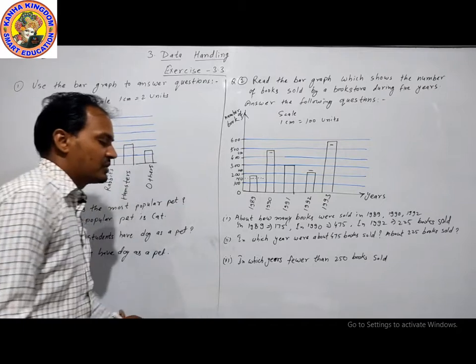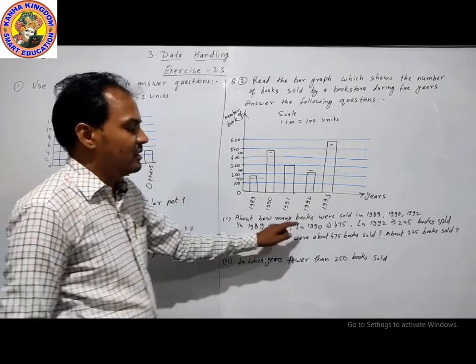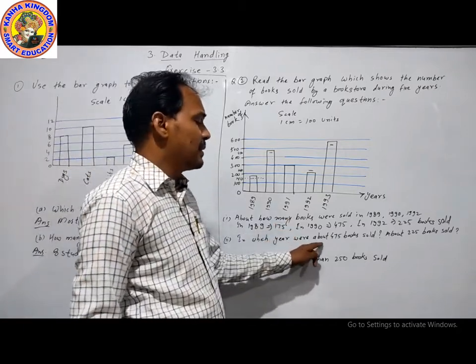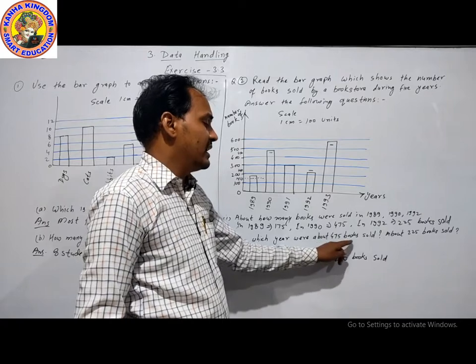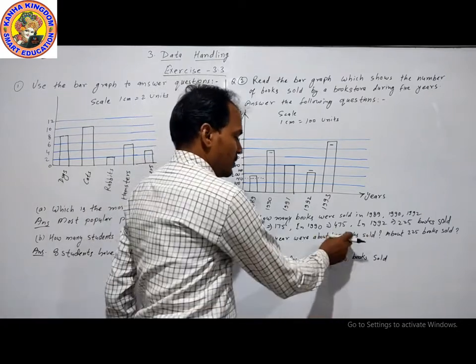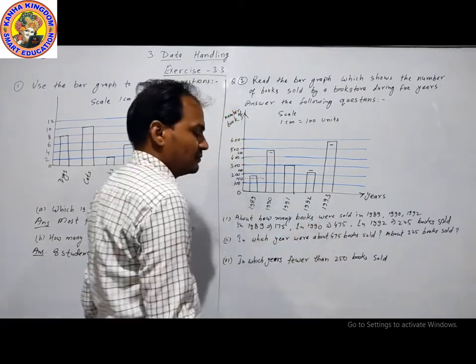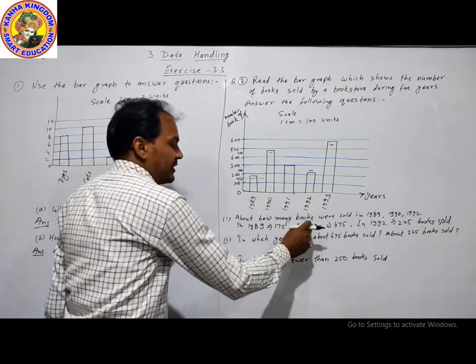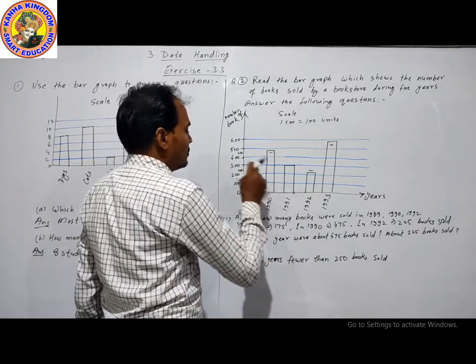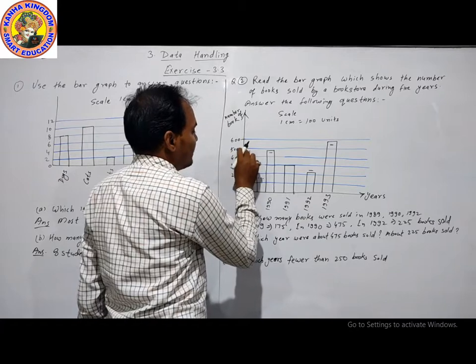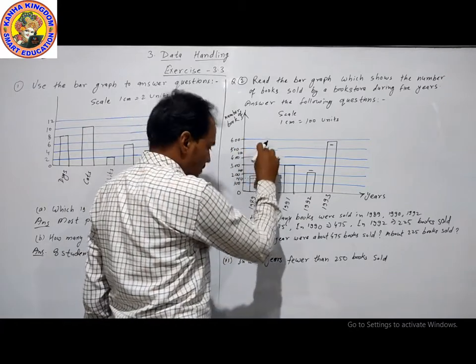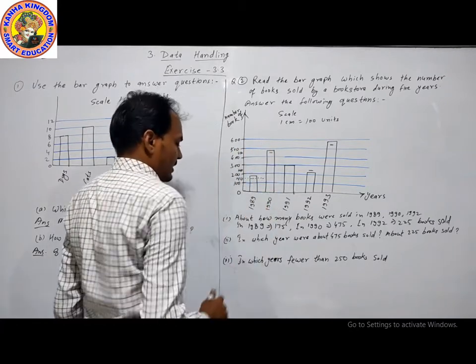Now taking another question. In which year were about 475 books sold? 1990. Here is 450, 475, this bar is 90.